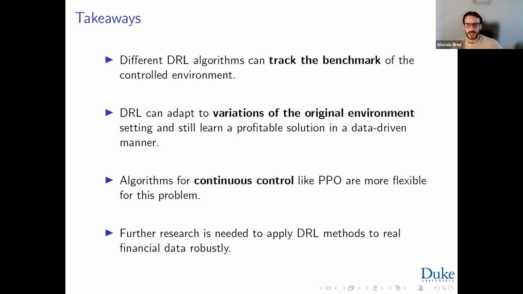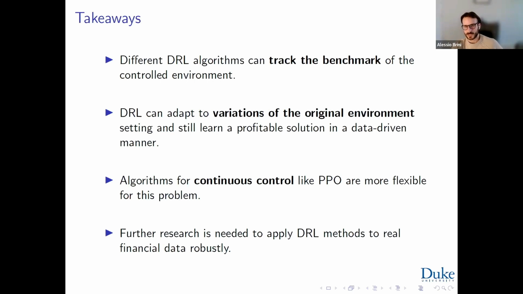So the action can be any real value in a given interval. While instead, if you use DQN, you are restricted to a discretization of this very same continuous interval, because it cannot solve continuous control problems.